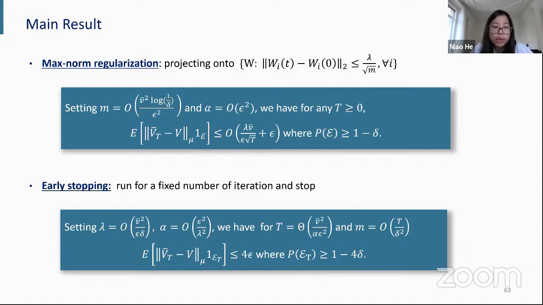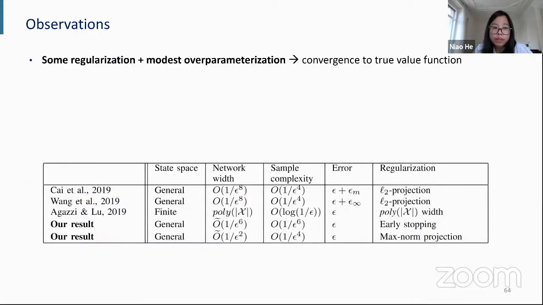It has been shown that using early stopping helps you generalize better. In our theory, we've shown that this is also true for TD learning, or for reinforcement learning. So you need some sort of regularization in order to converge to the optimal solution, and by adding this regularization, you only need a very modest overparameterization.